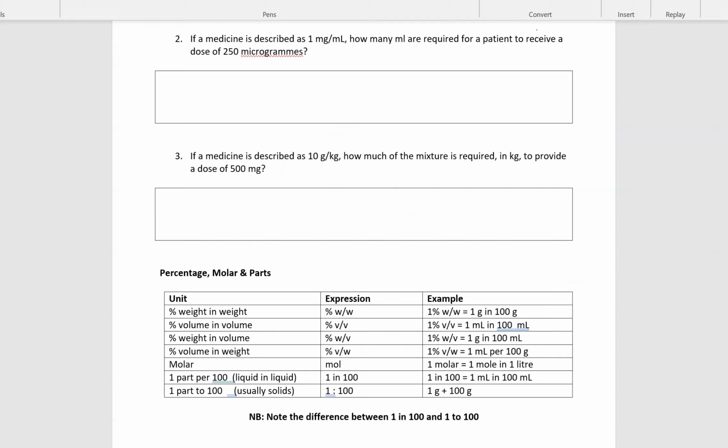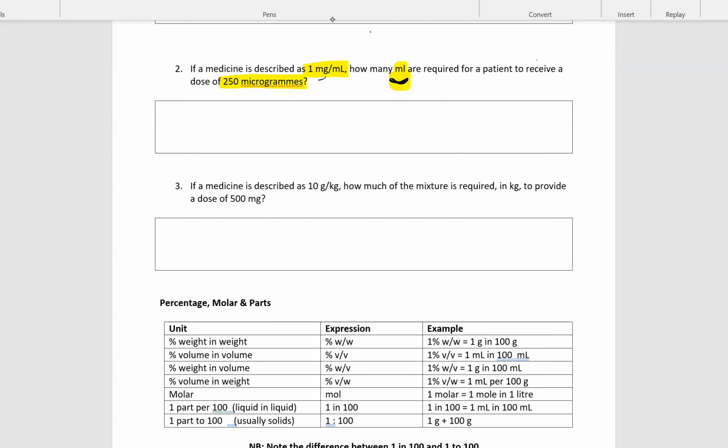If a medicine is described with this concentration, 1 milligram in 1 milliliter, how many milliliters are required for a patient that receives 250 micrograms? You are looking for milliliters, but you can change the units of milligram to microgram, or you can change microgram to milligram.